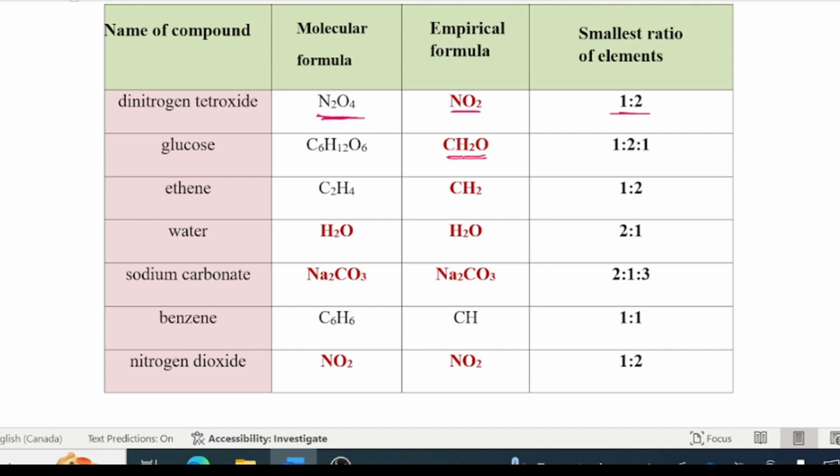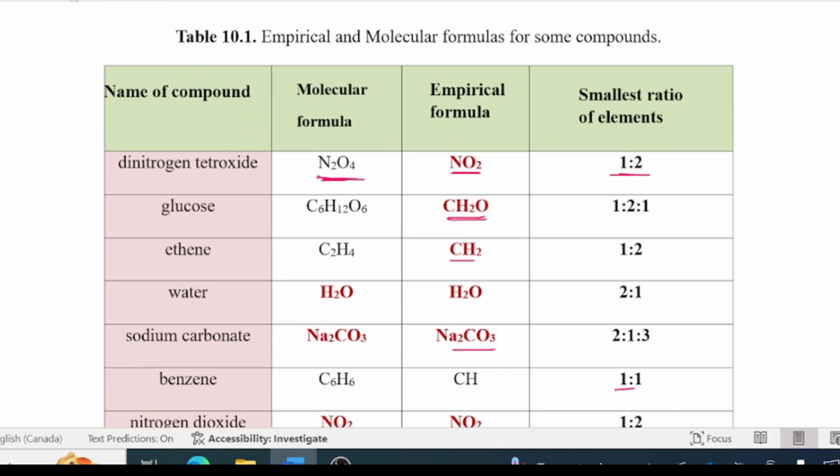And now you look at the ratio of the elements there, it'll be 1 to 2 to 1. Ethene can be reduced to this. It's 1 to 2. Water would not go further than that. This one will go further than that. This one, now you divide by 6, you end up with this. And of course, this doesn't have any smaller one. It is the same. So this is what is meant by the empirical formula.